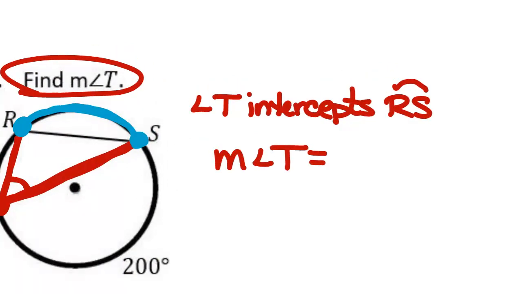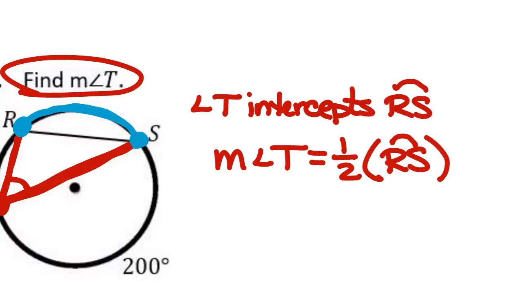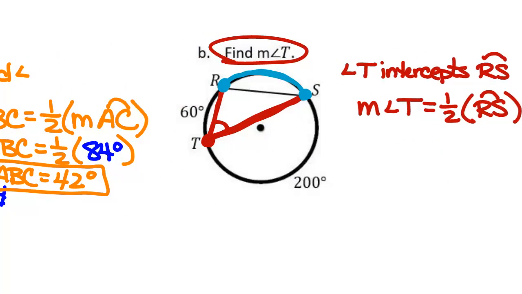What's the relationship between the angle and the arc? Half. So the measurement of angle T is half of arc RS. Do I know how big arc RS is? No. However, do I know how big the other arcs in the circle are?